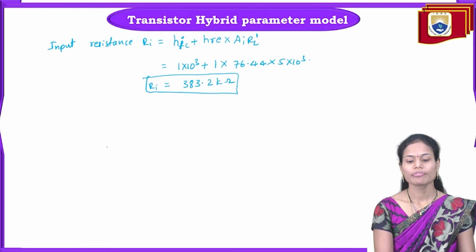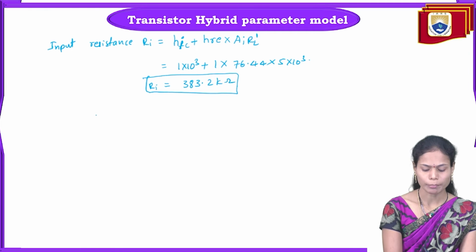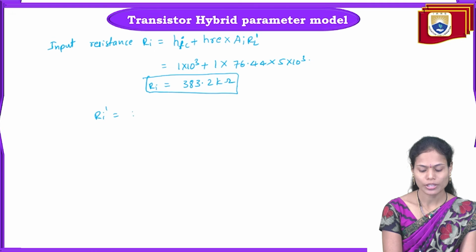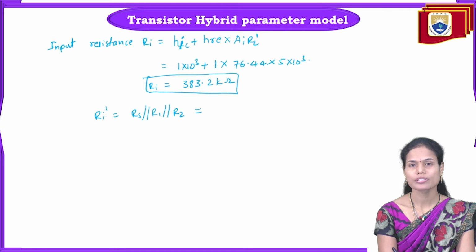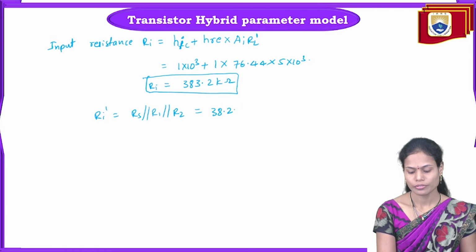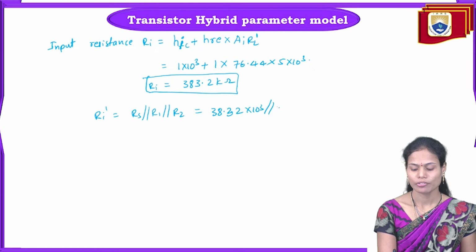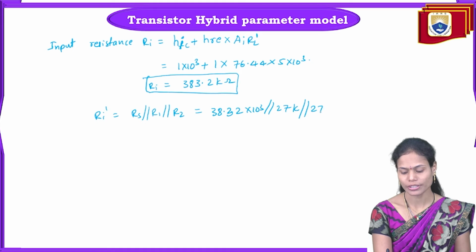Okay, so if we find the overall input impedance Ri dash, that is the parallel combination of the source resistance as well as the R1 resistance as well as the R2 resistance here. So it is 38.32 kilo ohms parallel with 27 kilo ohms parallel with again 27 kilo ohms.